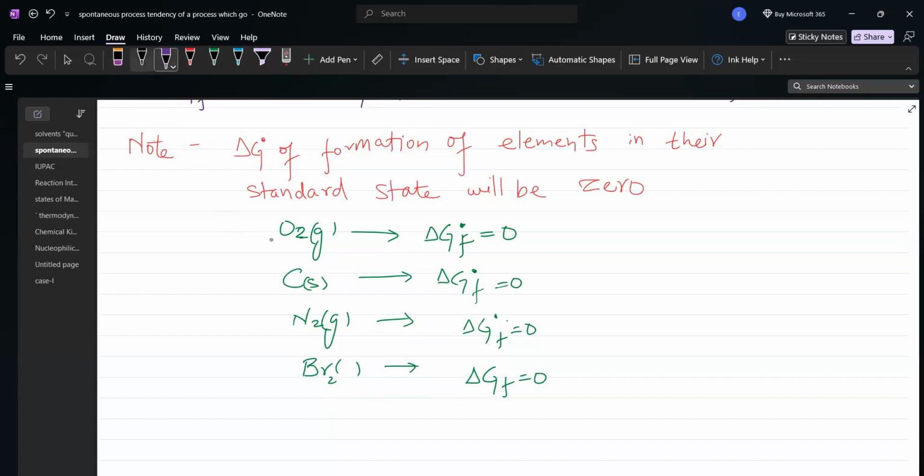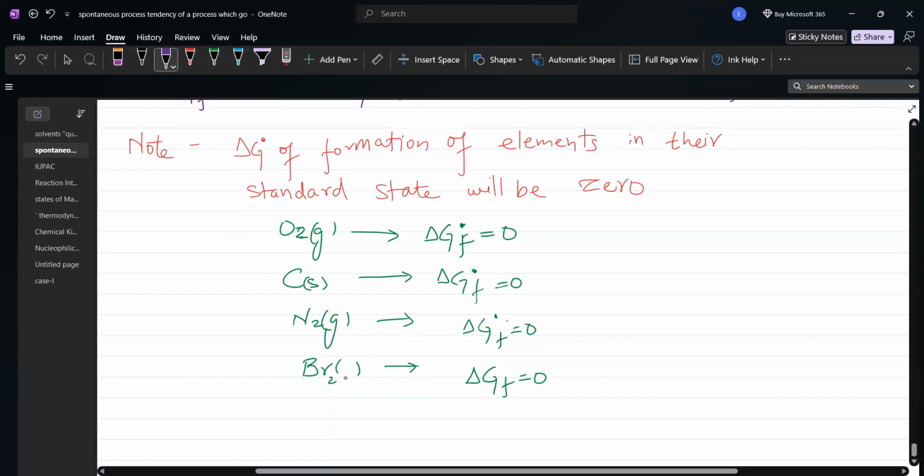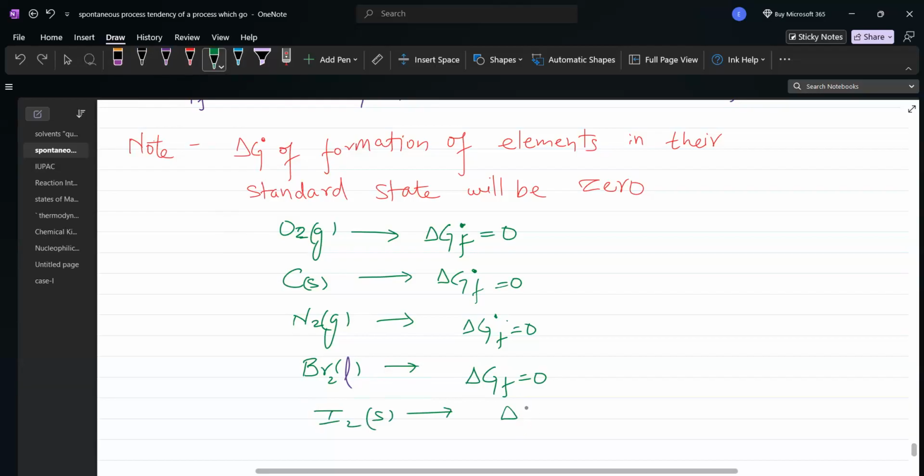That is why delta G of formation of bromine liquid will be 0. Okay. Similarly, iodine is formed in solid state in nature. So delta G of formation of iodine will be equal to 0. Are you getting this?